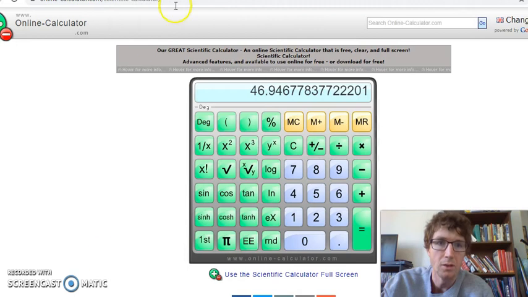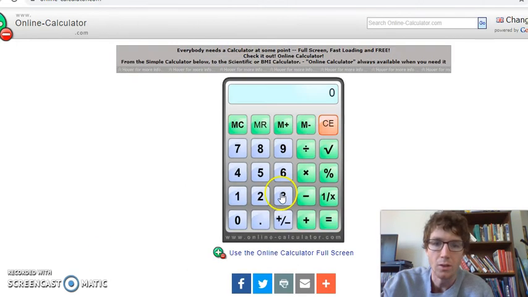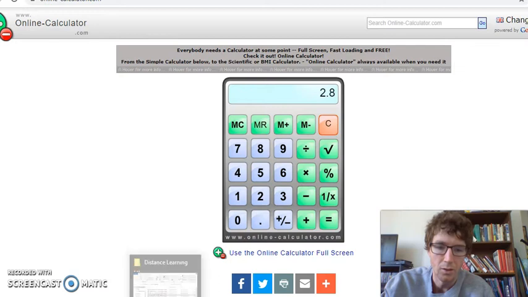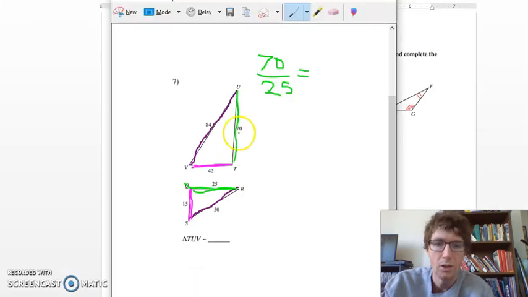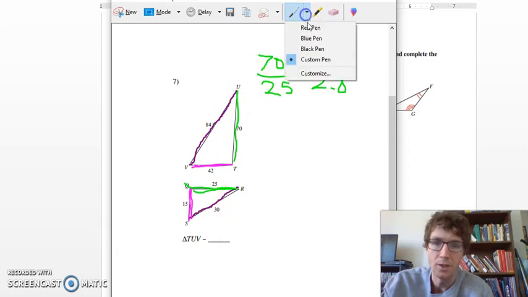So 70 divided by 25 is 2.8. What we need is for them all to be the same in the end. That means that 84 divided by 30 should give you the same thing. So let's see if it does.